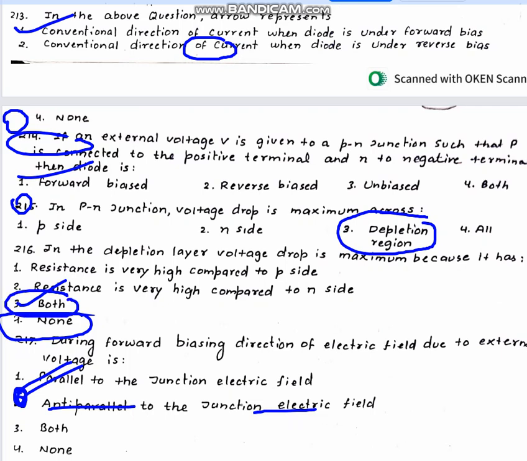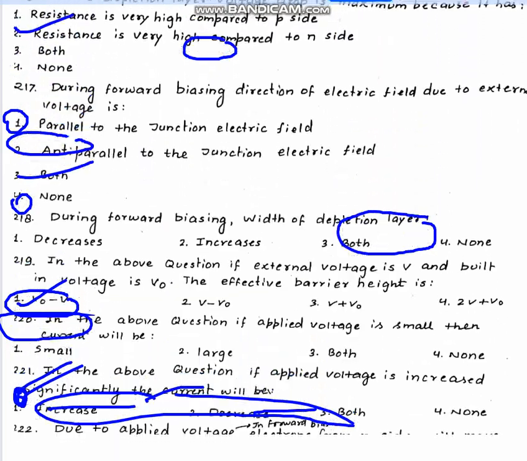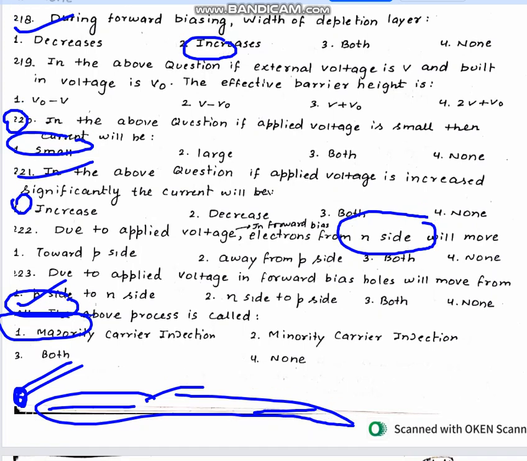Next, during forward biasing, the direction of the electric field due to external voltage is anti-parallel to the junction electric field, which reduces the barrier voltage and allows free movement of charge carriers. Next, during forward biasing, the width of the depletion layer decreases. So first is correct over here.